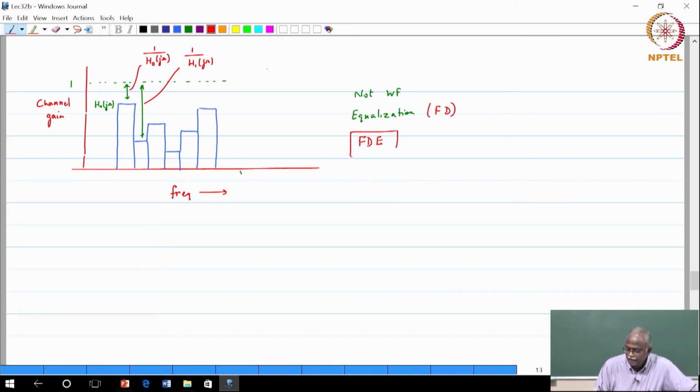So when we say that multi-carrier signals like OFDM have very simple equalization, what do we mean? Calculate the channel gain, take the reciprocal of the channel gain for those channels, and we are through. A frequency domain equalizer just requires you to compute 1 over hk(jω), for k equal to 0 to N minus 1.